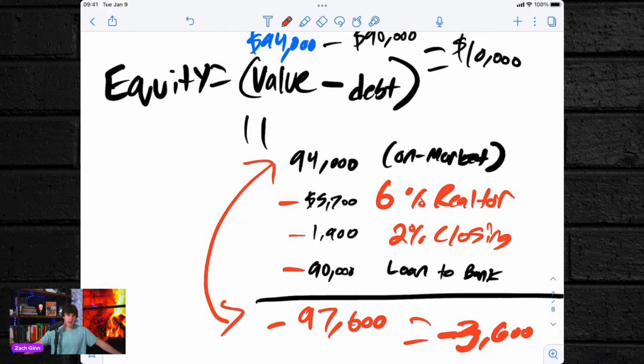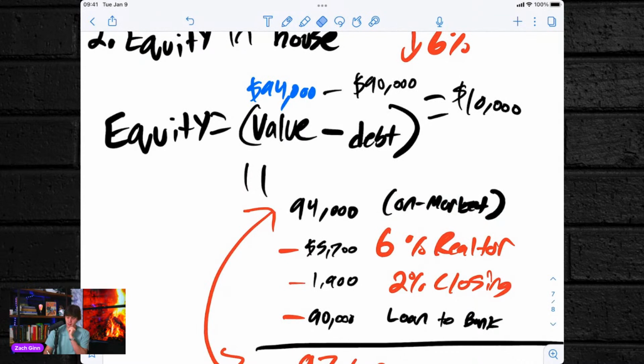You might say, oh, Zach, most people do a 25% down payment. No. FHA is 3.5, right? There are conventional loans at 3%. That's rough, right? And these are really rough numbers. If 94K is the value, most cash buyers are going to want 80 to 70% of that.